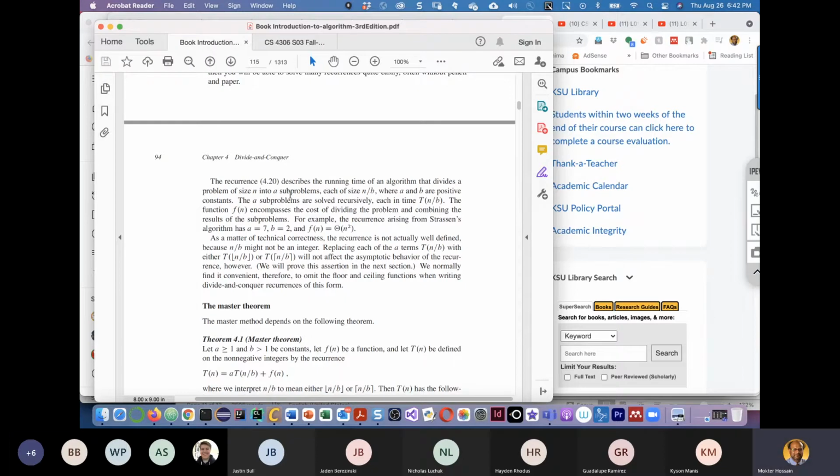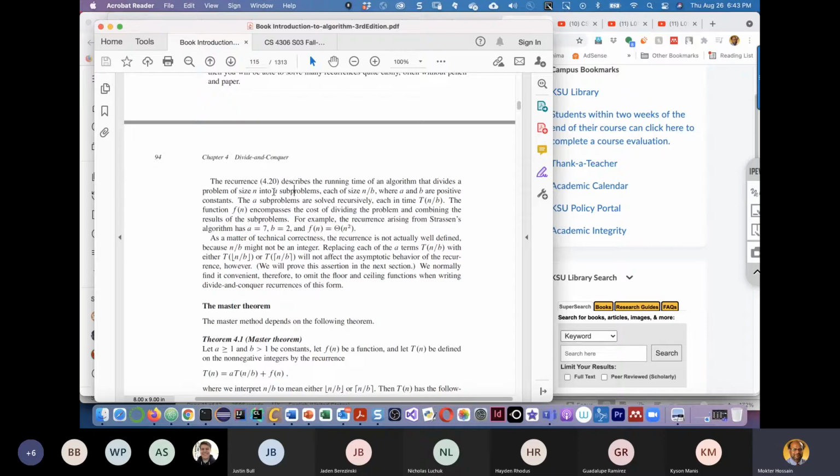So as we saw in our previous two lectures, we use the divide and conquer method, mainly discussed with the Merge Sort algorithm, right? We divide the problem into some subproblems.